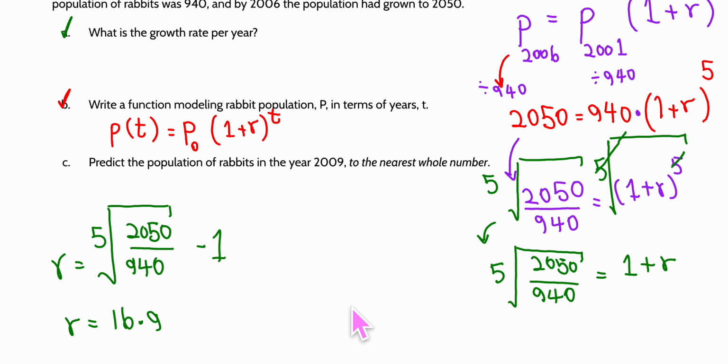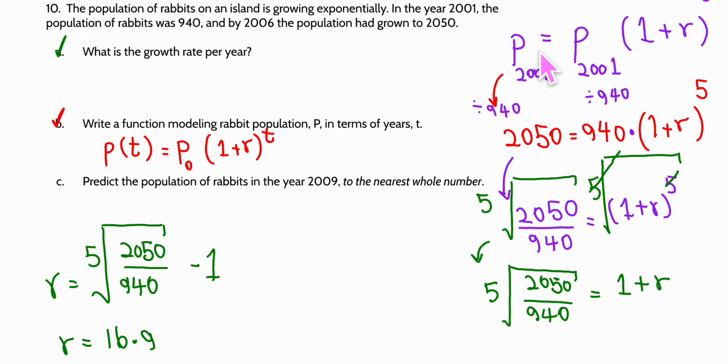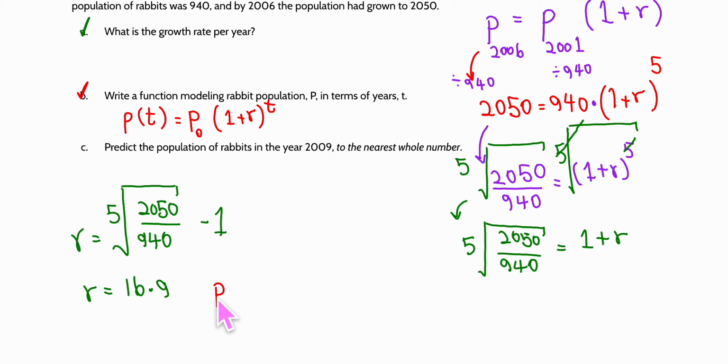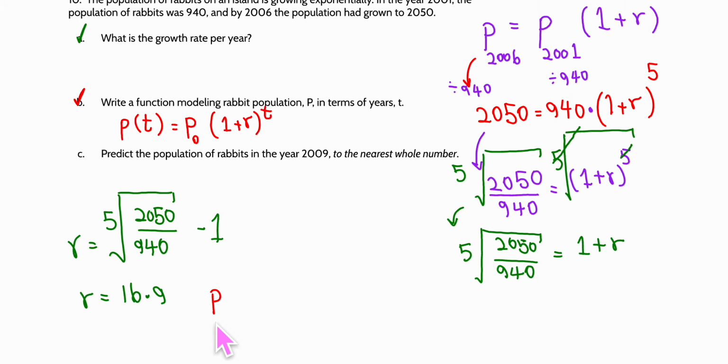We have the population in year 2006, and we have the population in 2001. It doesn't really matter which one you would like to choose. You can compare the population in 2009 to either the population in 2001, which was 940, or the population in 2006, which was 2050. I would like to work with 2001 because we have already worked with 940, it's just an easier number.